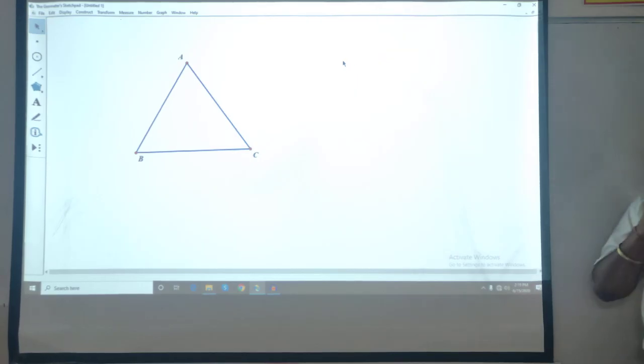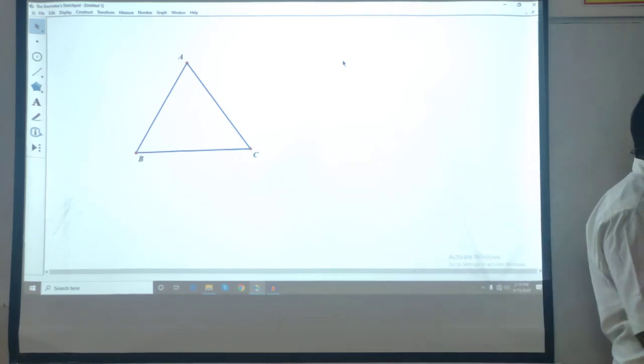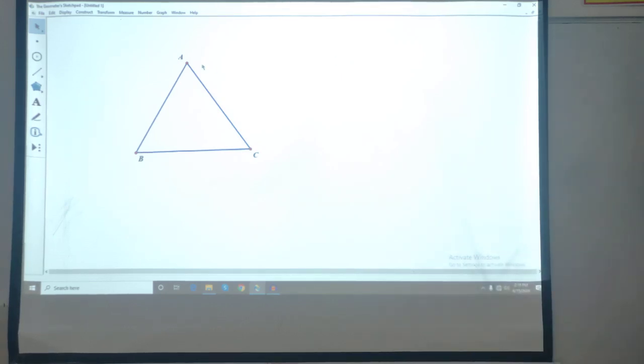I have to verify that in a triangle all the medians are concurrent. Medians are the segments which join one vertex to the midpoint of the opposite side.